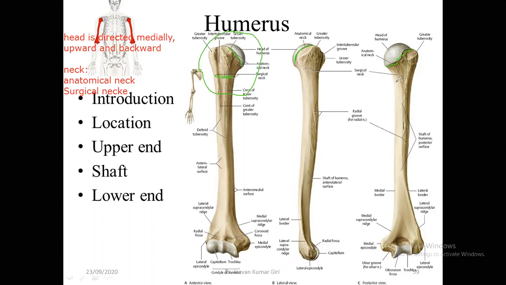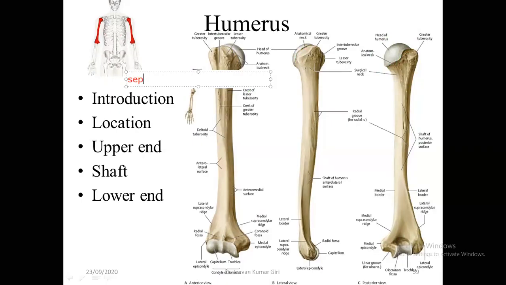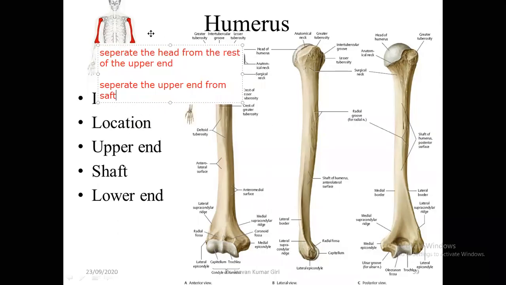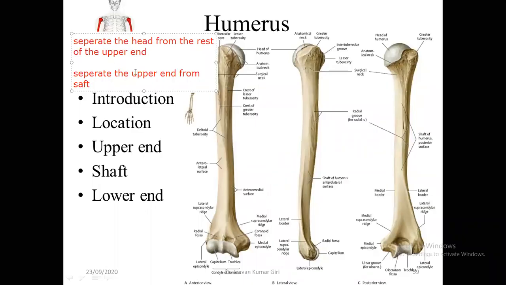So this part will be the surgical neck. Just above this is the upper end, and just below that is the shaft. So this is about the neck. The anatomical neck separates the head from the rest of the upper end, whereas the surgical neck is the narrowest part, a constriction, that separates the shaft from the upper end.